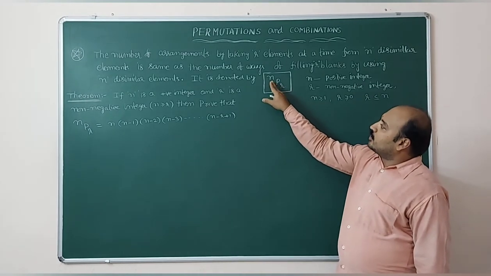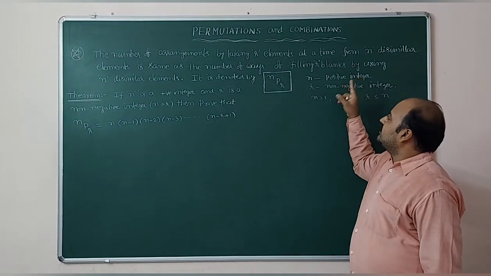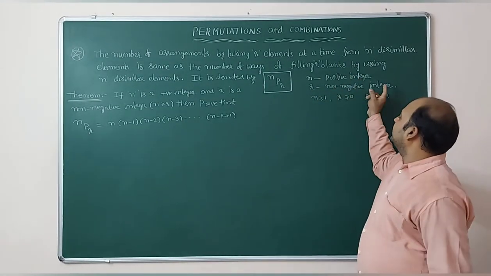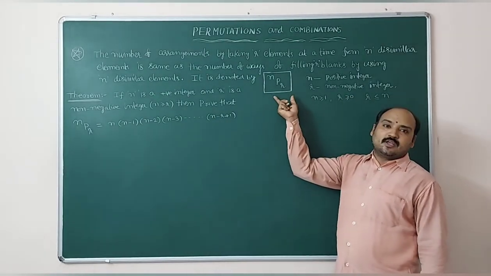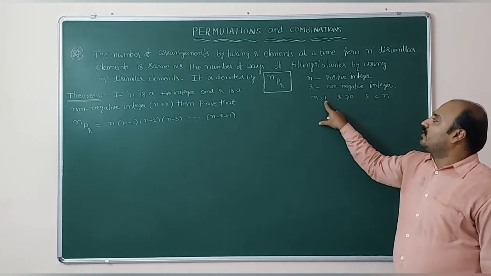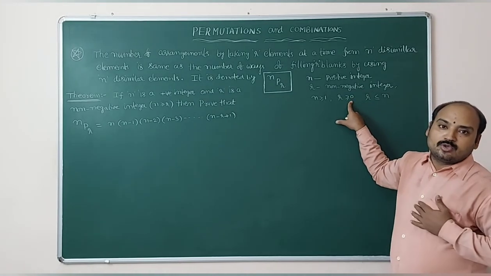It is denoted by nPr, where n is a positive integer and r is a non-negative integer. To define this, n is always greater than or equal to 1, and r is greater than or equal to 0.